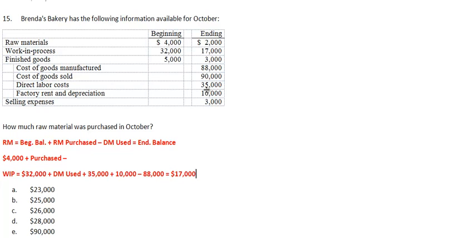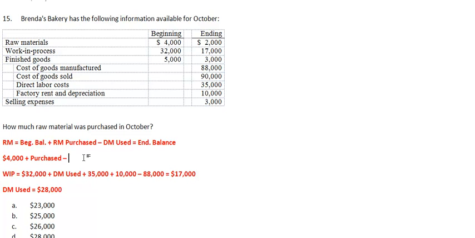So you have 32 plus 35 plus 10 plus whatever minus 88 gives you 17. So that gives you direct materials used of $28,000.